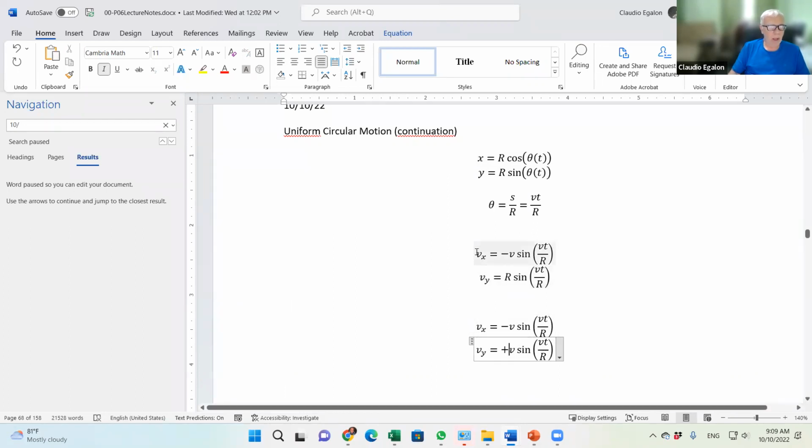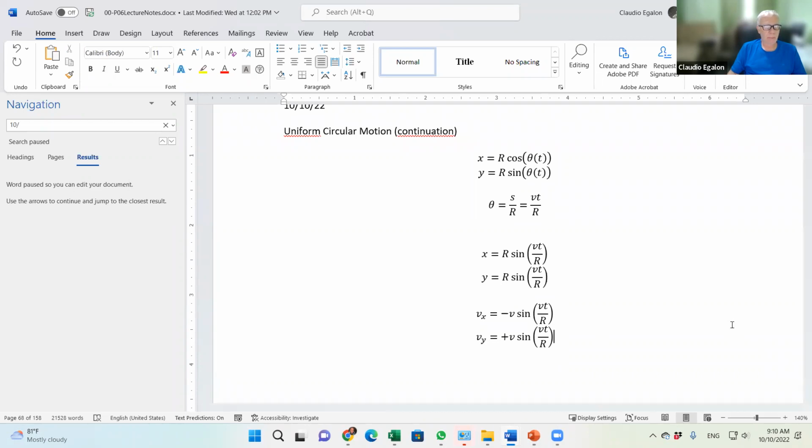And then I just go back to what I had before, because I need this one. So here you go. Here are the equations of motion for the velocity of the particle undergoing uniform circular motion.